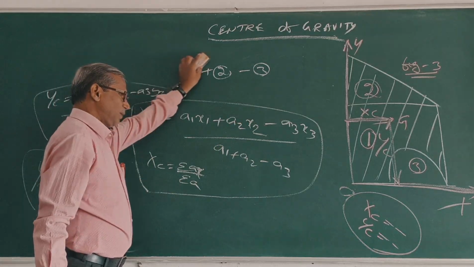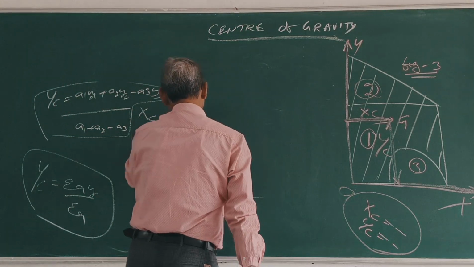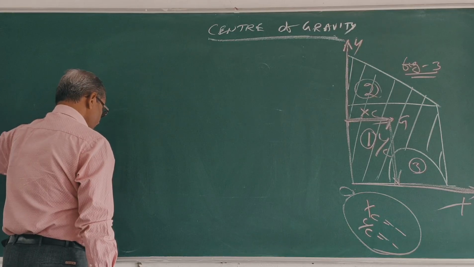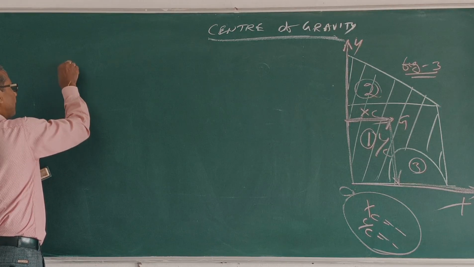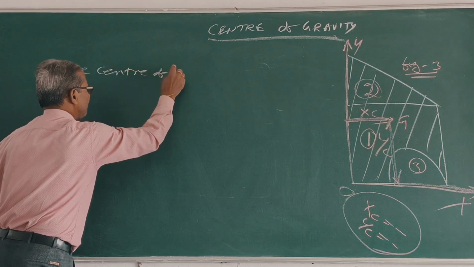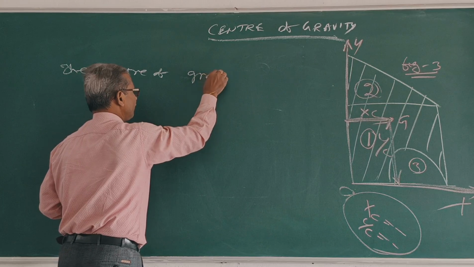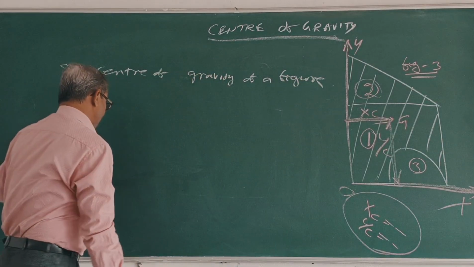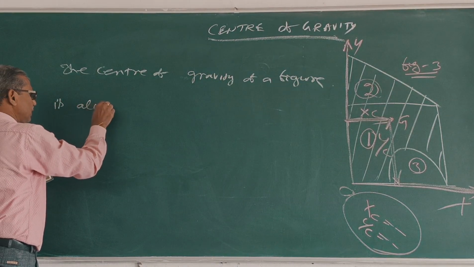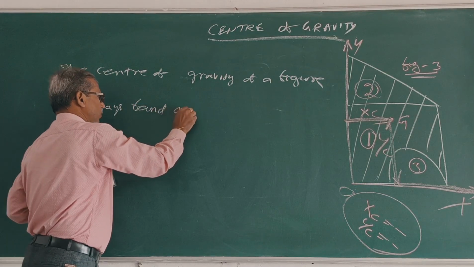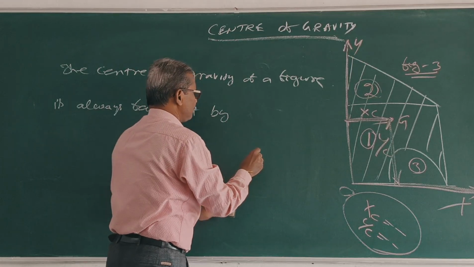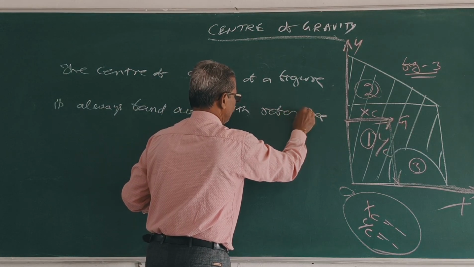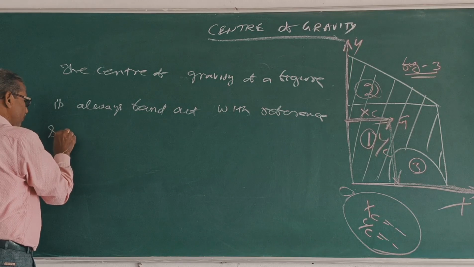Clear? So I will tell the definition. The CG, the center of gravity of a figure, is always found out with reference to an assumed axis.